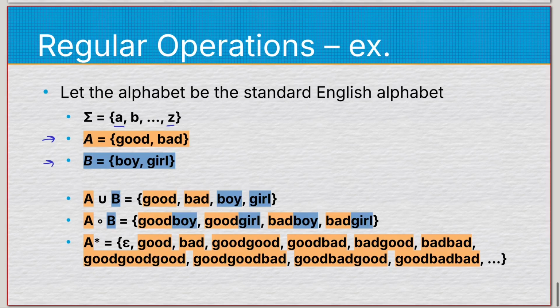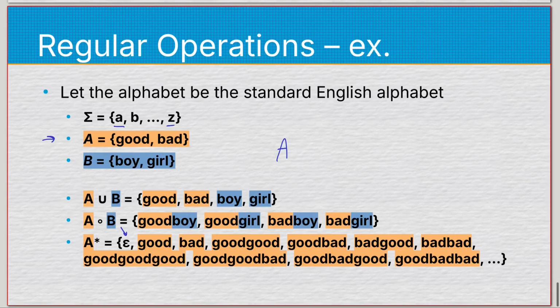And then we have A star. This is kind of the weird one, because it is only focusing on A, so you have good or bad, and it's any way you can combine these in any amount of repetition. We have epsilon here, which is assuming that we don't have any, so that would be A^0, no instances of it.